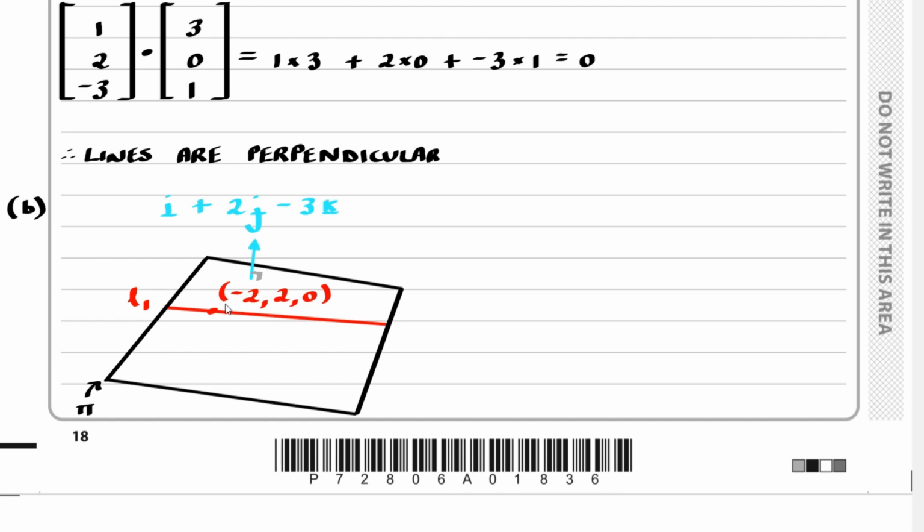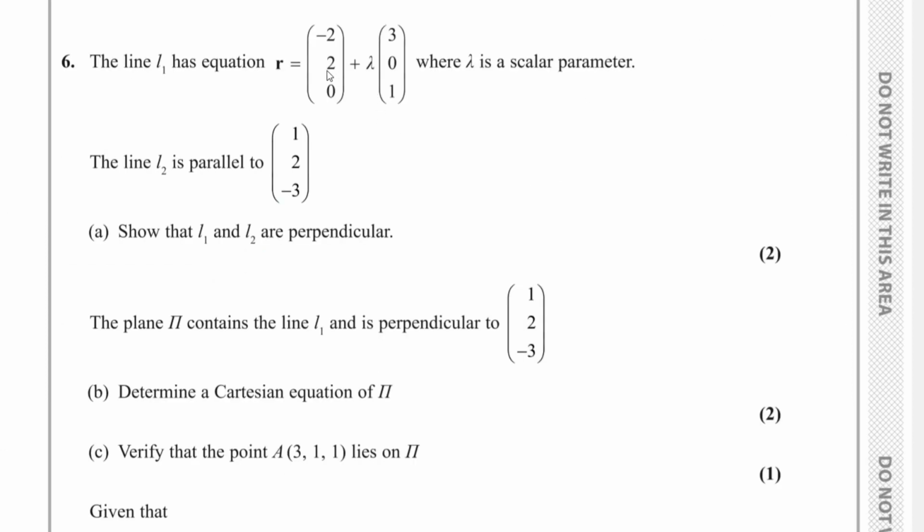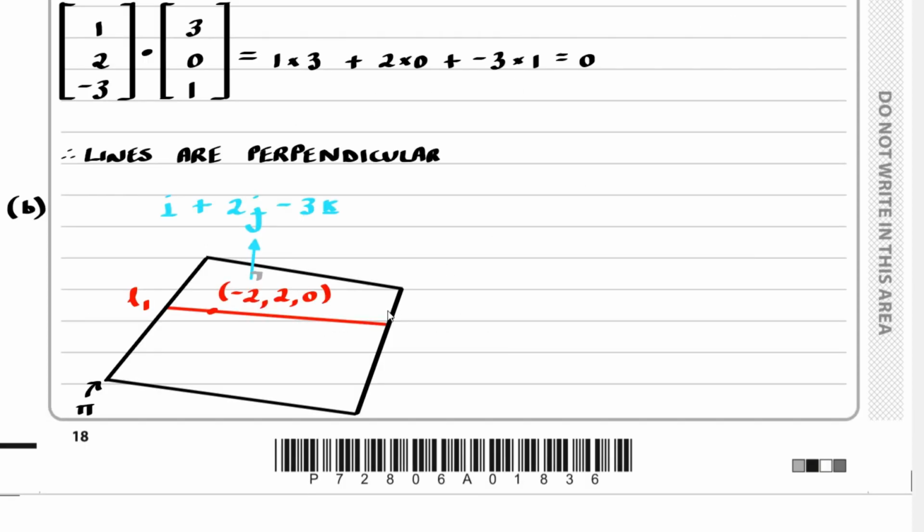We know on L1 the point (-2, 2, 0) lies on it, and that is what's shown here, and therefore the point (-2, 2, 0) also lies on the plane pi, and the plane is perpendicular to i + 2j - 3k.